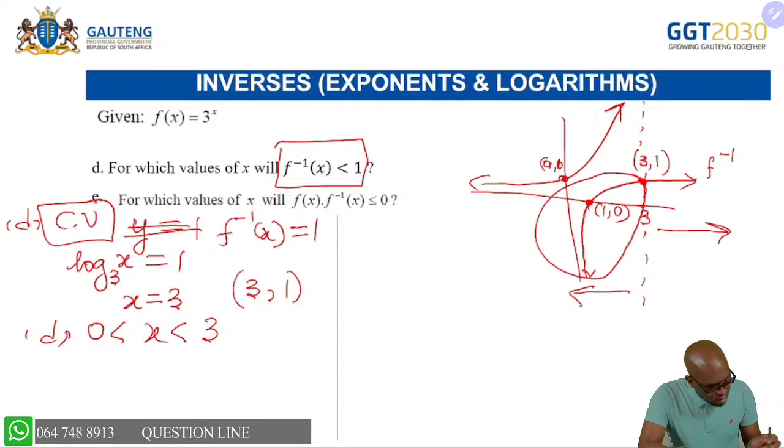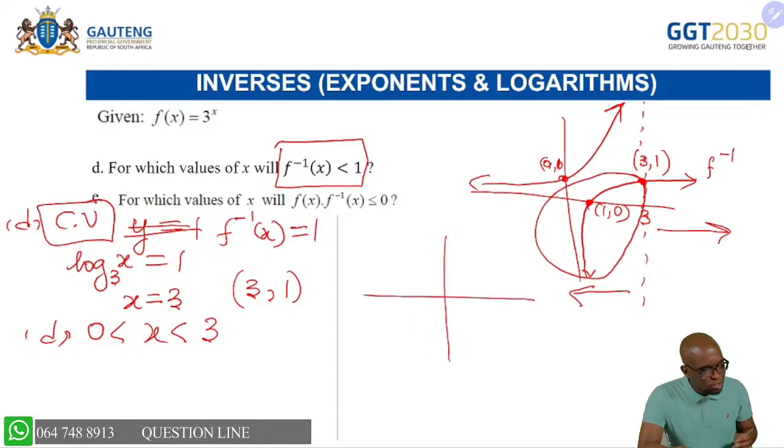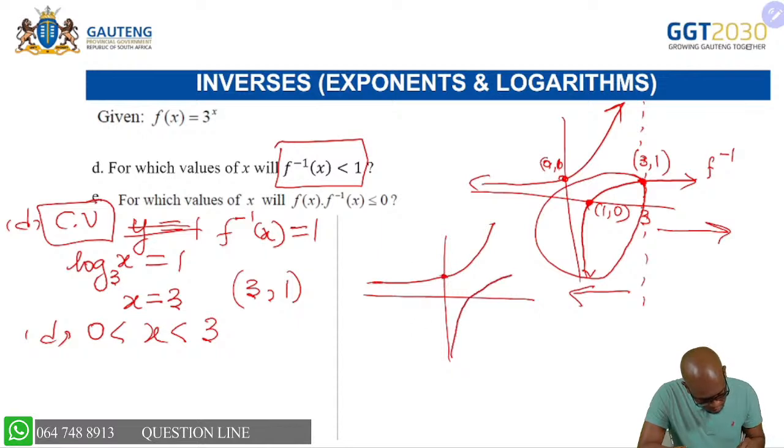Now, the last question on this: for which values of x will f of x times the inverse of f be negative? Now, let us redraw that again. This is what we have here, and this is what we have here. Right.